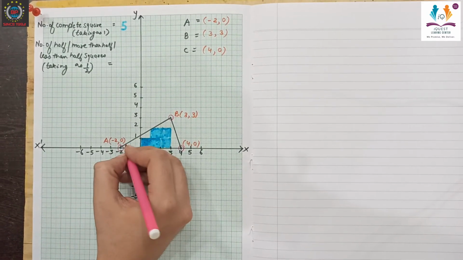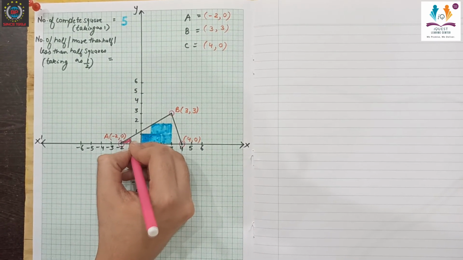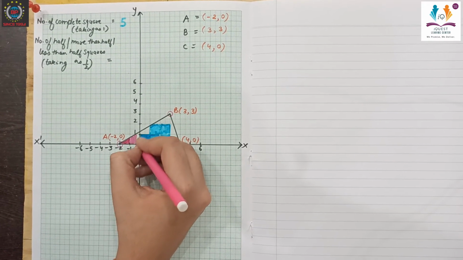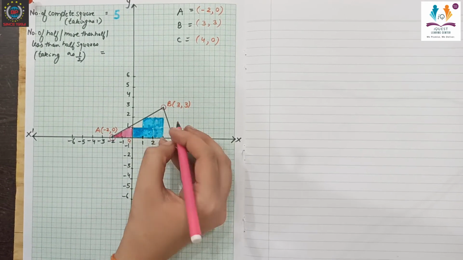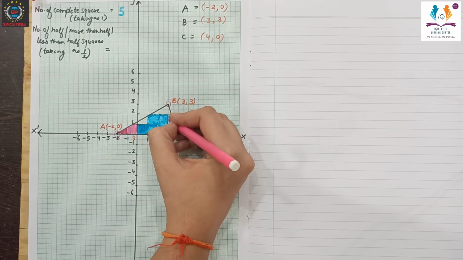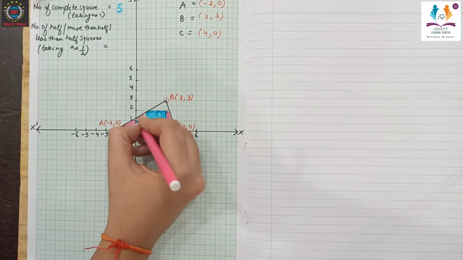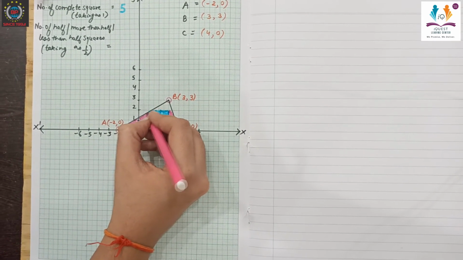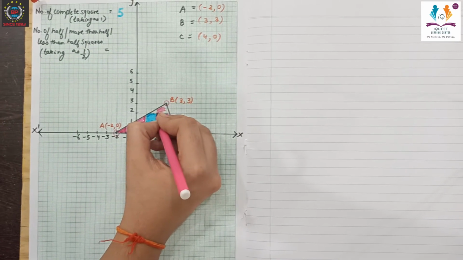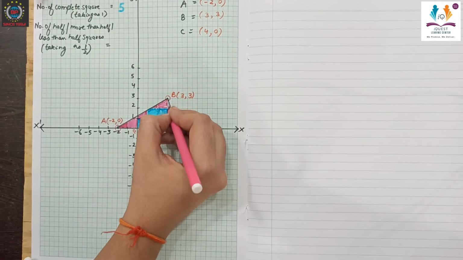So which are this, that is less than half square, this is more than half square, this is more than half, this is less than half, this is more than half, this is more than half square, and this is less than half.